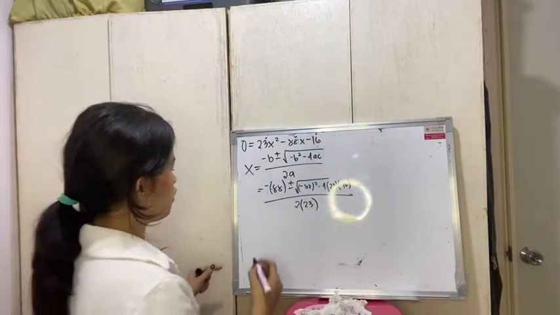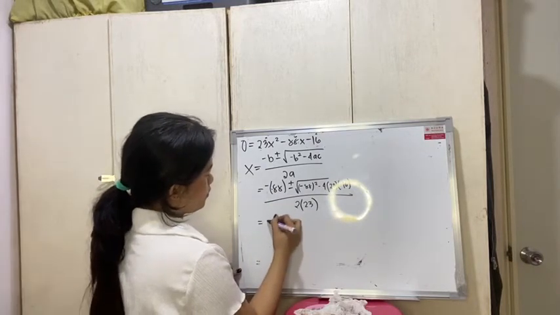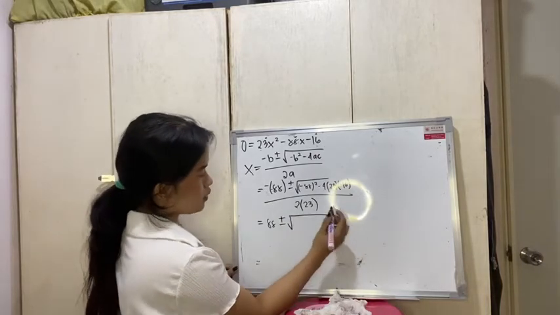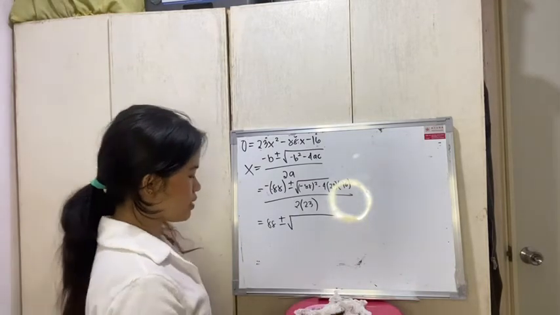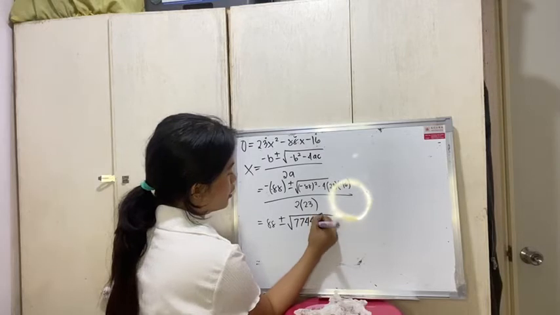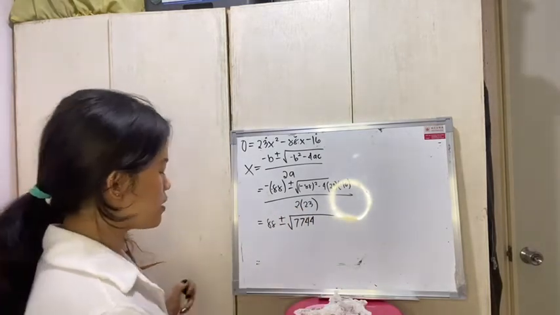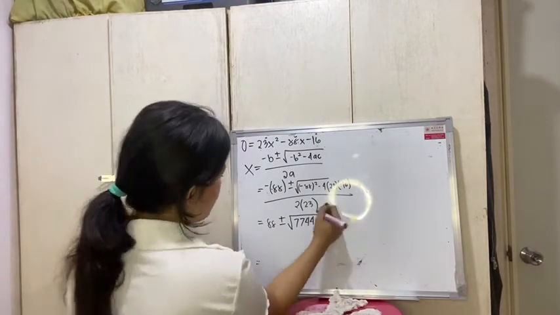So now let's solve. Negative negative 8 is going to be positive 8. Negative 8 times negative 8 is equal to 64. Negative 4 times 23 times negative 16 is positive 1,472.